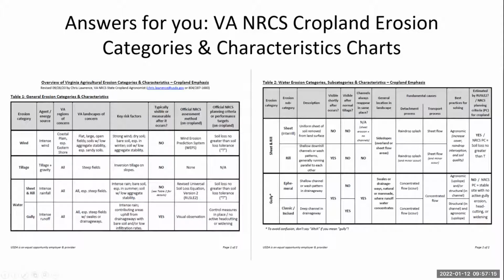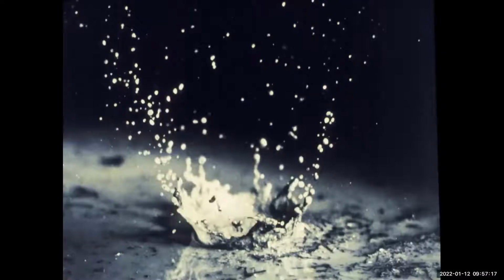And now I can just take a few minutes and illustrate this sheet and rill erosion process. I mentioned that it really starts with the raindrop, right? That raindrop detaching soil from aggregates, pounding the soil. That's the detachment energy that we need.